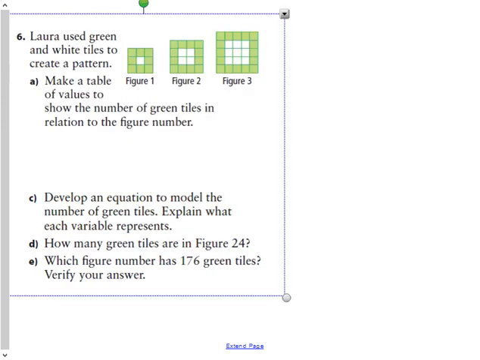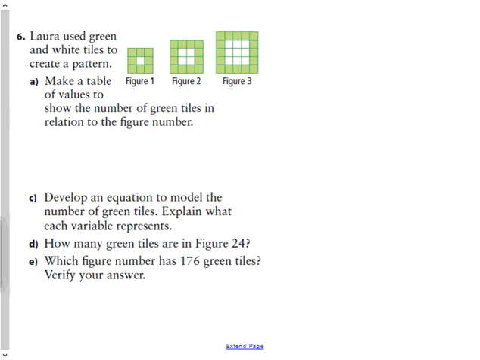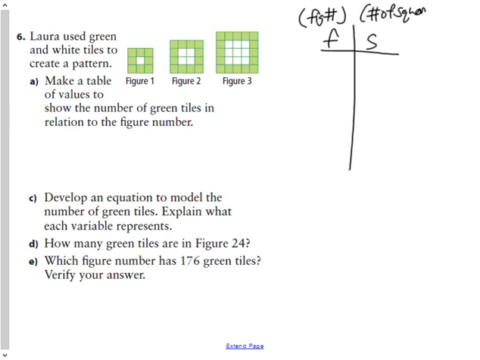In my next question, I have to make a table of values for this. So just like the last one, my 1, 2, and 3 is going to be my figure number. So figure number, my F is going to be my X column, and my S is going to be number of squares.